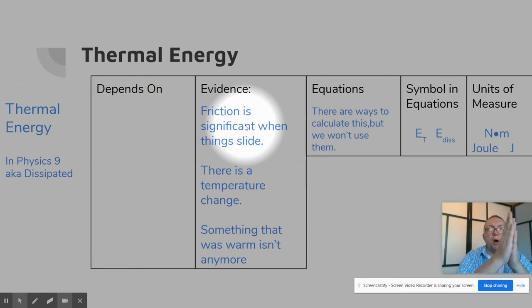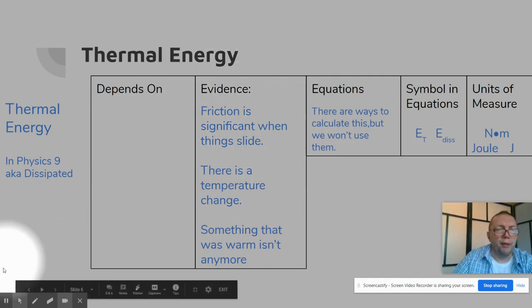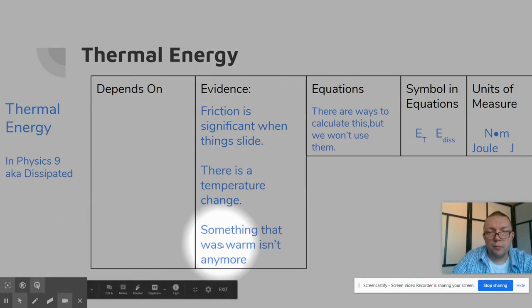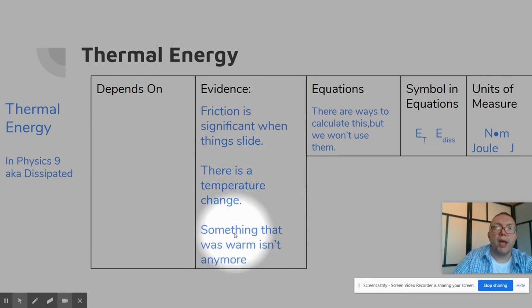If you have soapy water on your hands when you do this, you notice the change in temperature is much less than if your hands are dry. The fact that the friction is significant is the thing that causes this change in temperature. That's another indication or evidence that thermal energy is present. If something that was warm is no longer warm, that's a change in temperature, yeah.